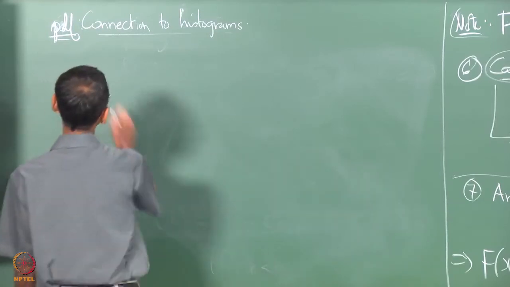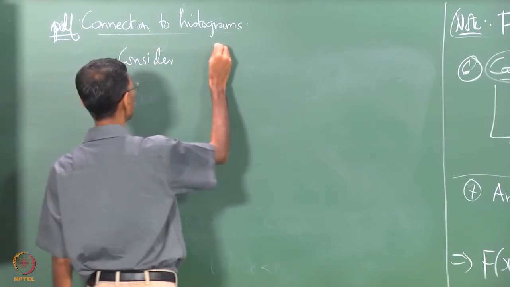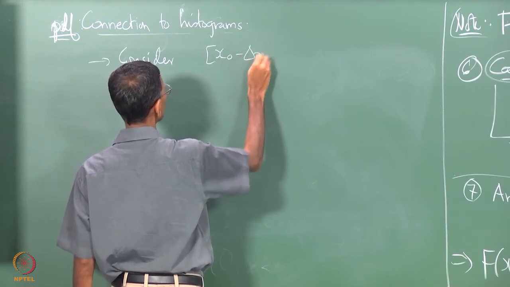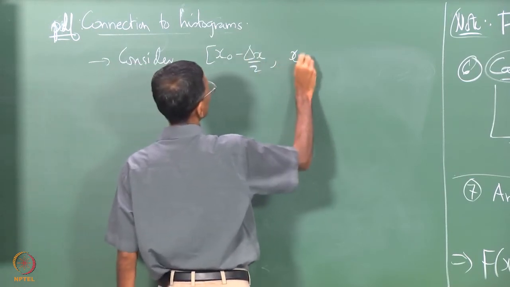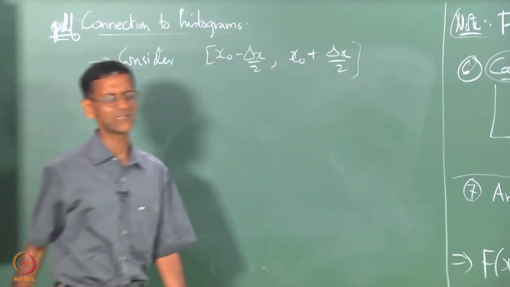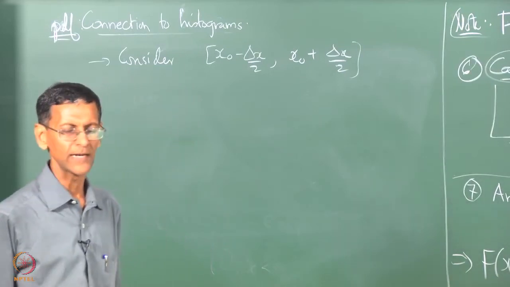Supposing you consider an interval, it does not matter if closed or open, x naught minus delta x by 2 to x naught plus delta x by 2. So you pick some value and pick some delta x, so the width of the interval is delta x. I am just taking a symmetric interval for convenience, I could take it non-symmetric also.